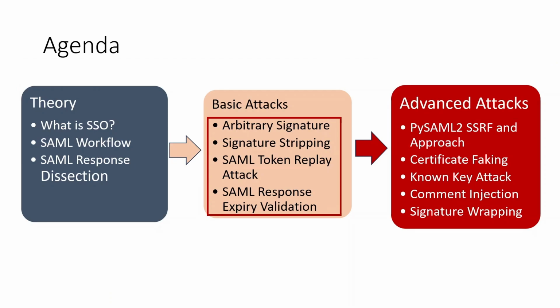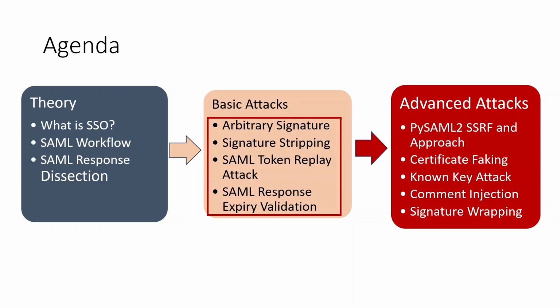The fourth one is the SAML response expiry validation attack. This is very simple and very straightforward. In this attack, you have to check the expiry attribute that we already talked about in the first part of this series. For example, if it is mentioned that this SAML response would be valid for 5 minutes, you have to hold the SAML response request.